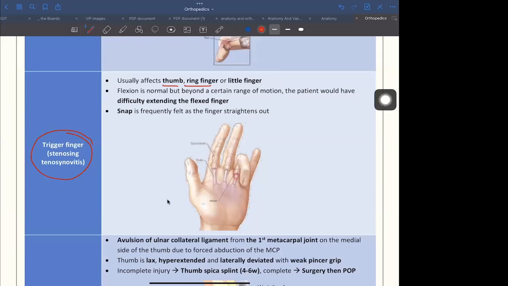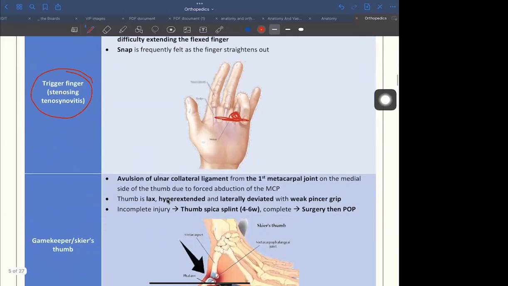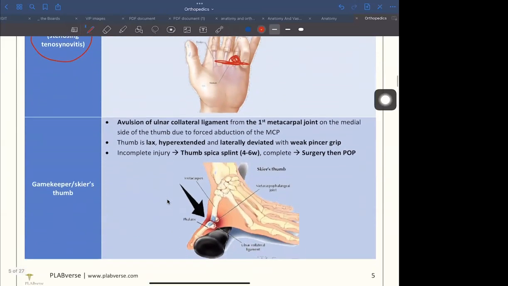So if you look here, the finger is flexed. When the patient tries to extend it, they will hear a click. This is basically due to the presence of a nodule in the flexor digitorum of that finger. That happens usually with people who do a lot of shooting using their fingers. So it's basically a nodule that grows in the flexor sheath in the hand. It's common again in the thumb, ring, and little finger.